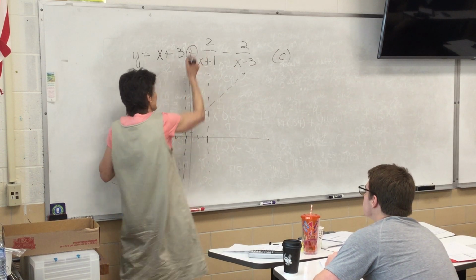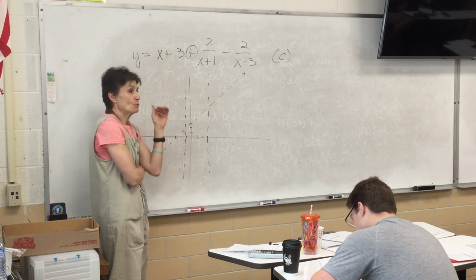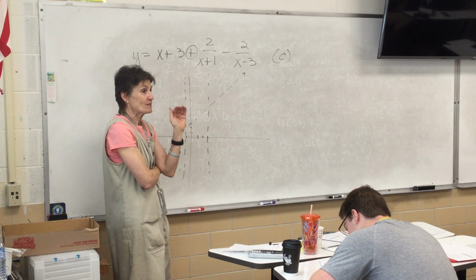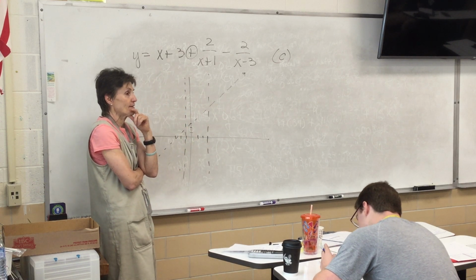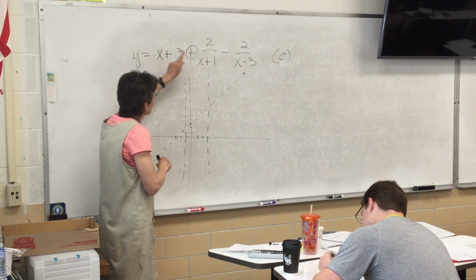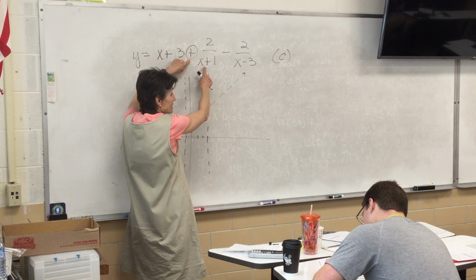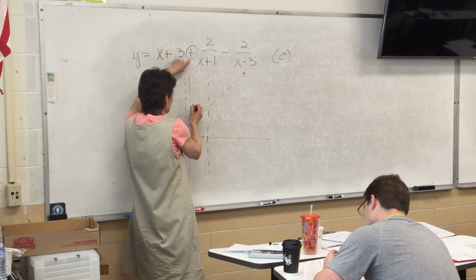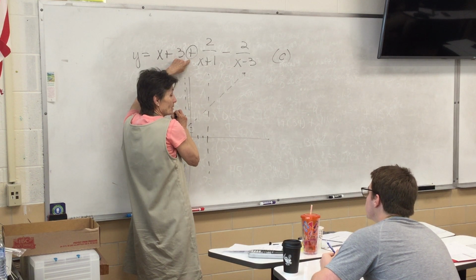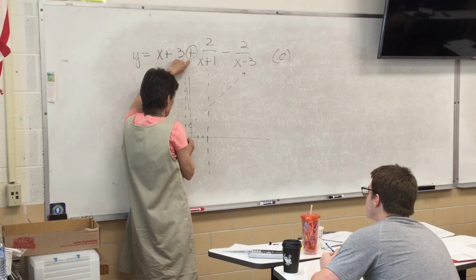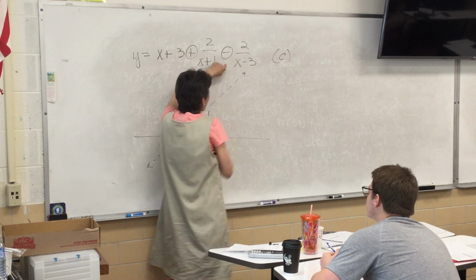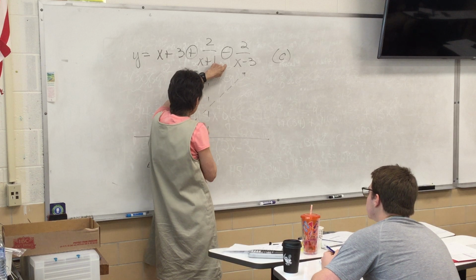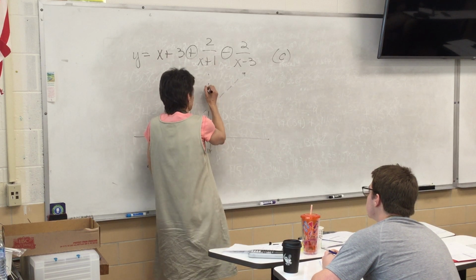This sign right here tells you which way the curve is going on the right side of the asymptote. So, on the right side of this asymptote, the curve is going up. On the left side, then, it is going down. On the right side of this one, the curve is going down. And on the left side, it is going up.